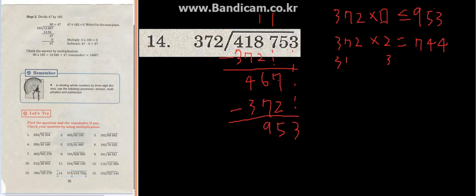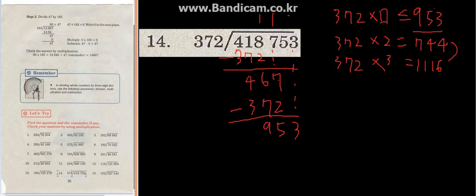Now, 372 multiplied by 3 is going to be 1,116. So this is going to be the answer. Is this right? Yep, this is right. And 953 is between these two numbers, so we happily write down 2.